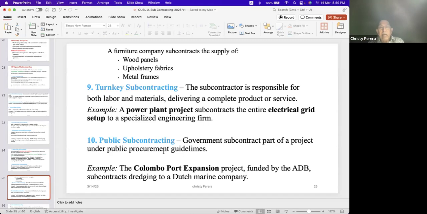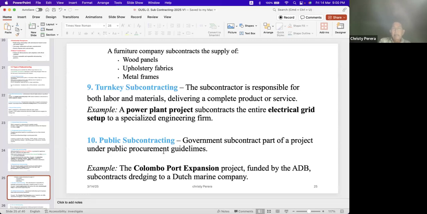For example, the Colombo Port Expansion Project, funded by the ADB. Actually, ADB gave the funding, but the government is doing that. It subcontracts the dredging to a Dutch marine company.